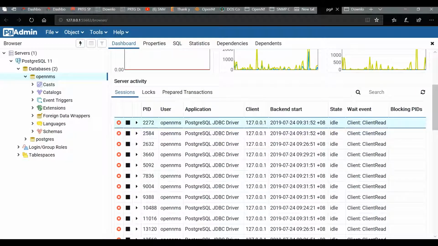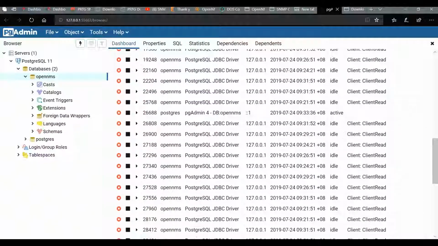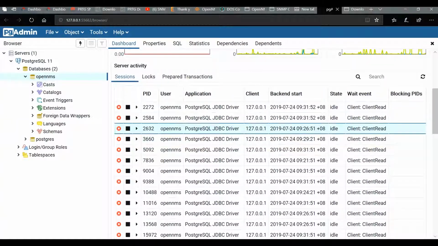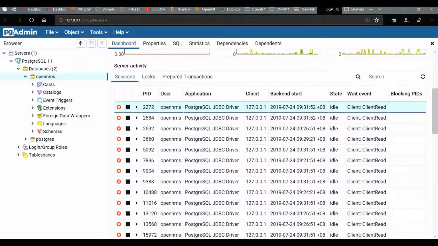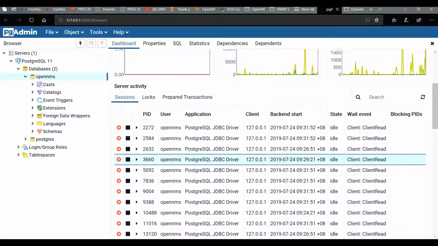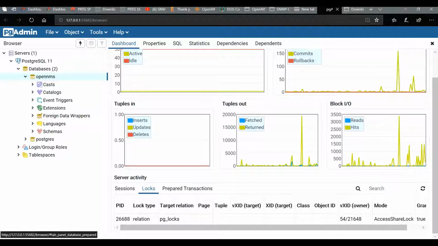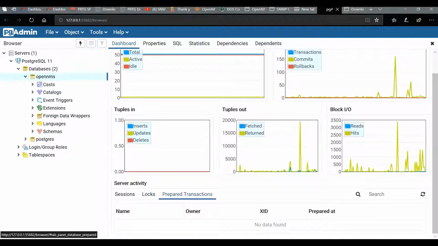Here we have server activity. As you can see, we did it by ourselves, so you can see the date, 2019 July 24th. It's all done by us. Logs. Prepared transactions, we have nothing.